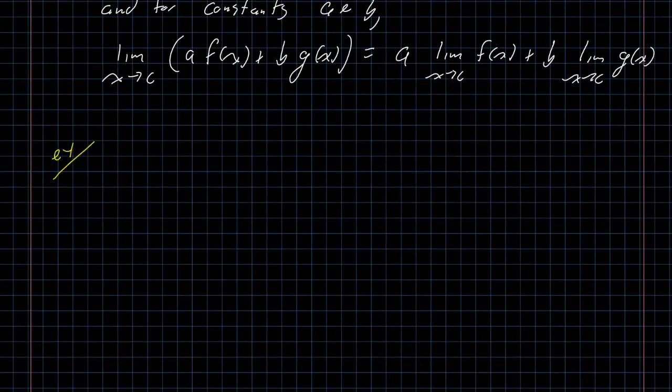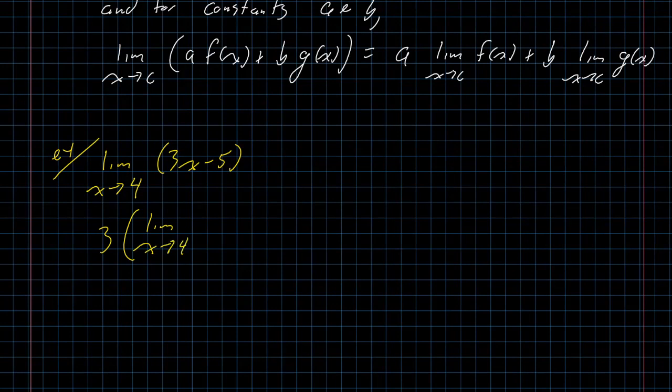For example, if I want to take the limit as x approaches 4 of 3x minus 5, according to linearity, this has to be the same thing as 3 times the limit as x approaches 4 of x minus the limit as x approaches 4 of 5.